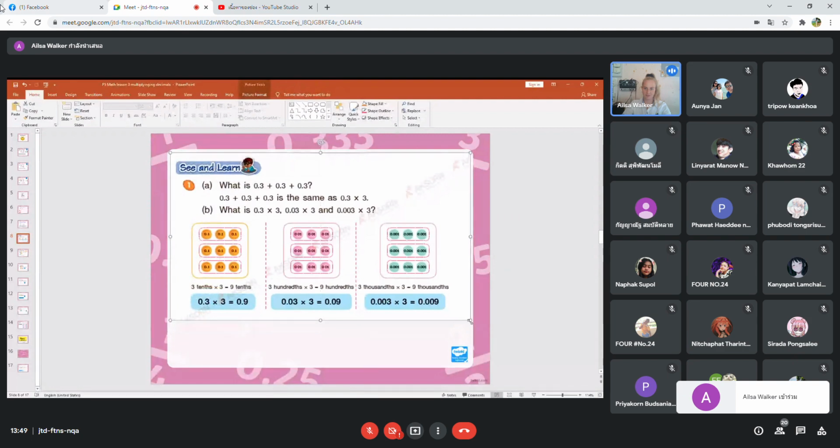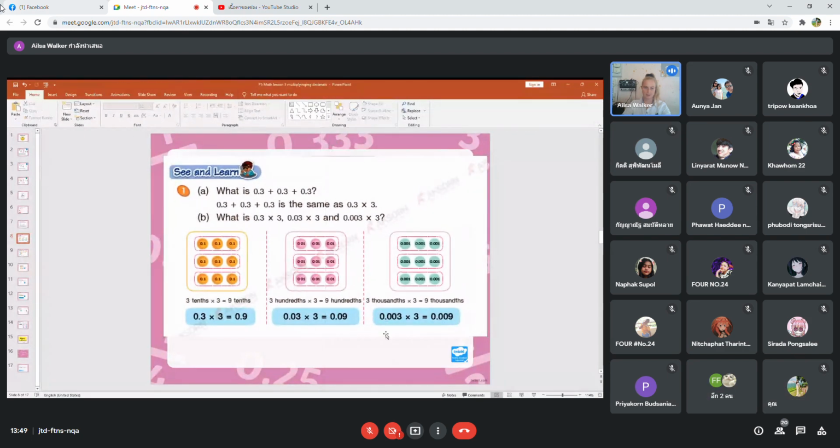So here we have got some examples. It says, what is 0.3 plus 0.3 plus 0.3? Okay? This is the same as 0.3 multiplied by 3.